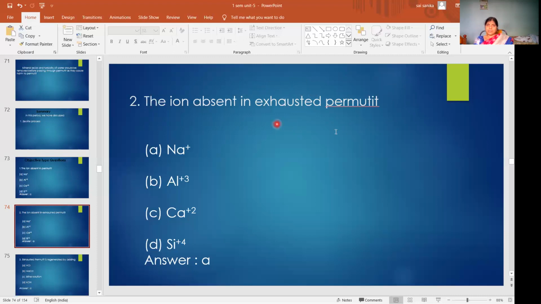Exhausted permutit does not have sodium ions, because it has given up all its sodium ions. So Na+ is absent in exhausted permutit. The answer is A.